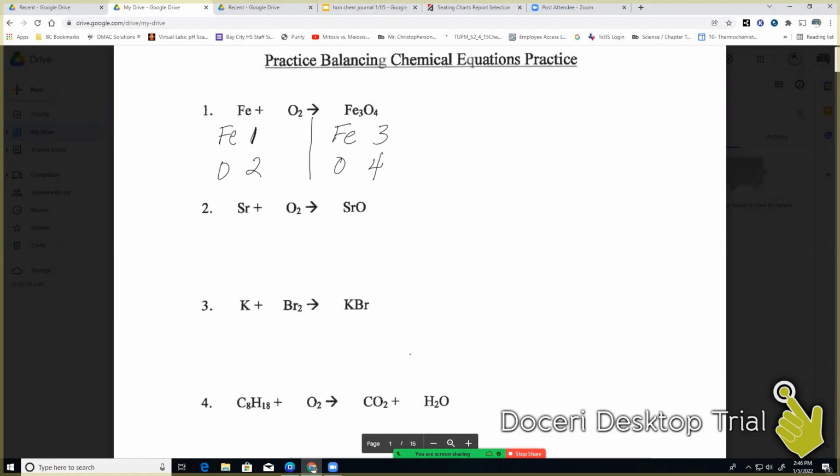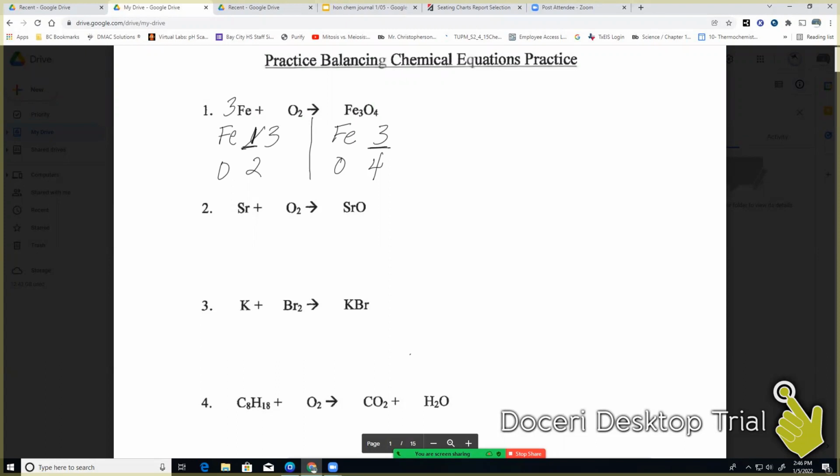It'll be balanced when all those numbers are equal to each other. So like my number of iron is equal on each side. My number of oxygen are equal on each side. So I'm going to start with my iron. I have 3 as my product and only 1 on my reactant side. So I'm going to go to my lower side. What coefficient do I need to use to get that balanced? A 3. So I'm going to put a 3 here. Then I'm going to go down and make my change.